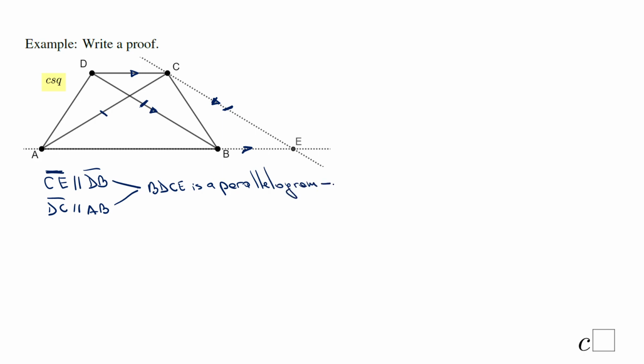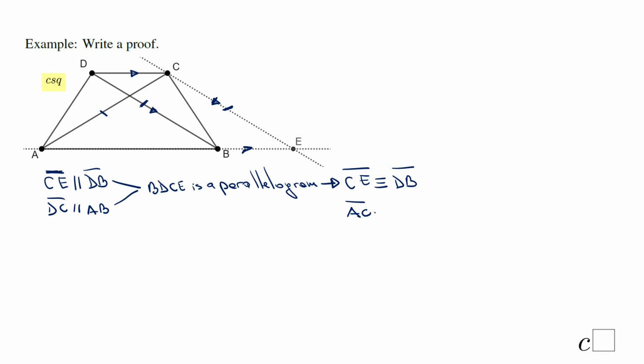And based on this, I can say then CE congruent with DB. But also, what was given, if you remember, is that AC is congruent with DB. So remember, the diagonals are congruent.